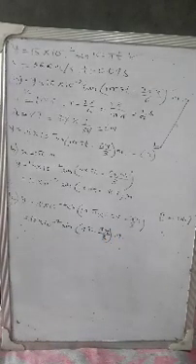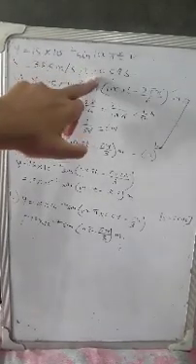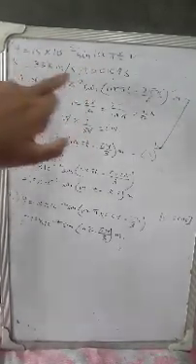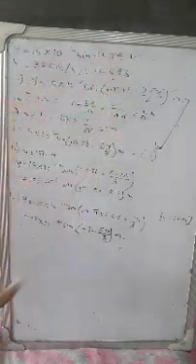So in short, I'm just discussing this particular numerical in a very short way. First of all, the data you are getting: the value of y, the value of v, and the value of t. The values of v and t are not given before the question starts. For each and every part, these values are given.